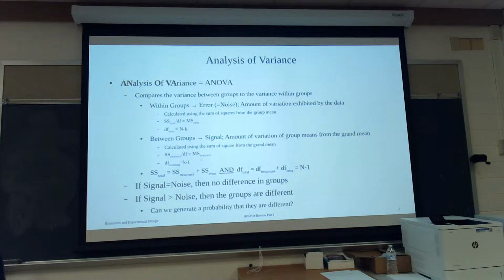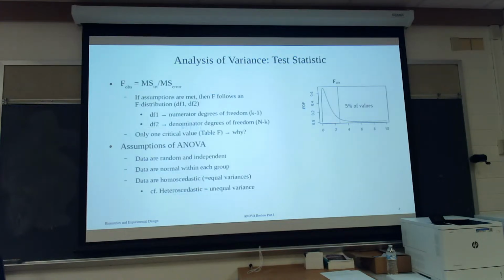It goes back to our mean squares terms. Mean squares treatment has a degrees of freedom treatment. That's our numerator. The denominator is the mean square error term. That had the degrees of freedom. That's our degrees of freedom number 2. So our F distribution has an infinite number of curves.